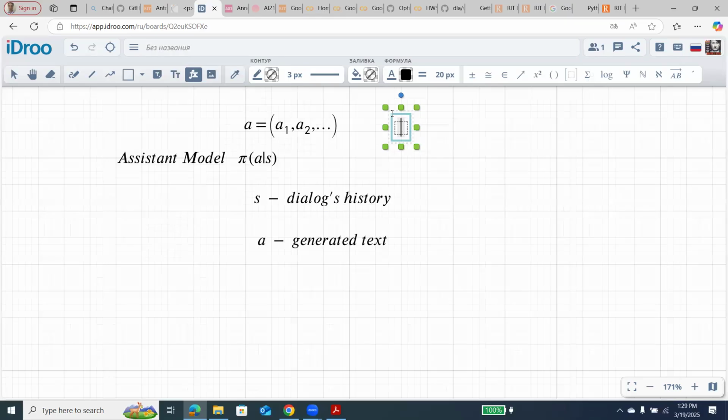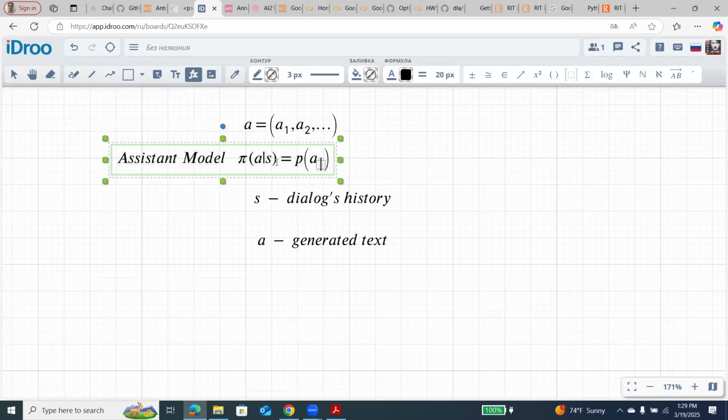Then we look at the logits for the second token. Again, we find the index of this token, and we get the probability of this token. And then we take the product of these probabilities. So this is how we can calculate the probability of the entire phrase.